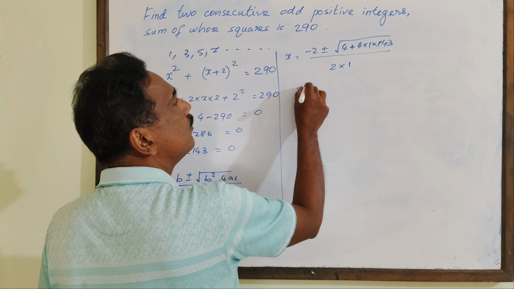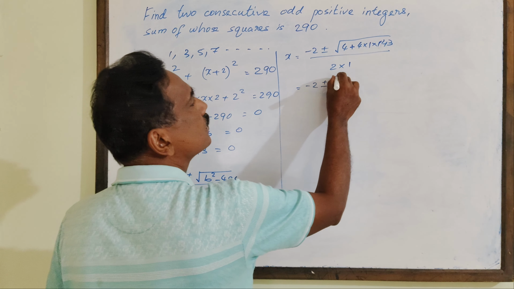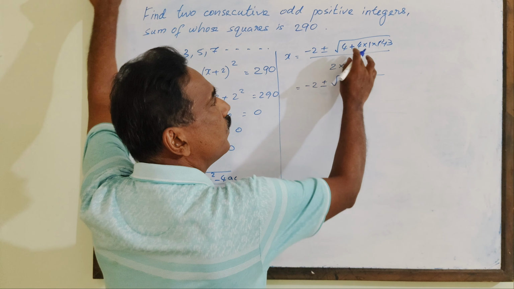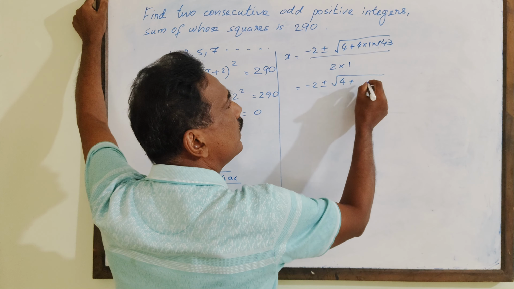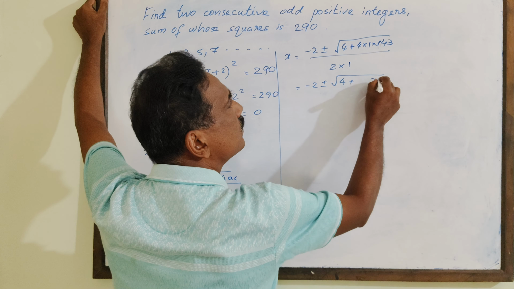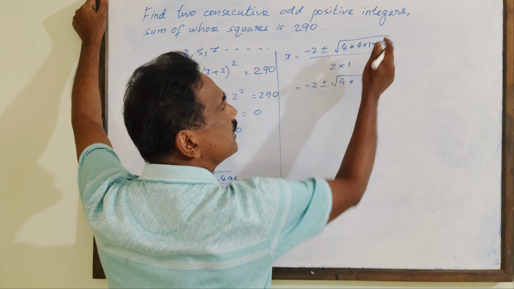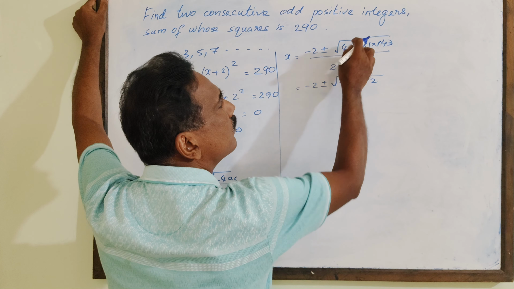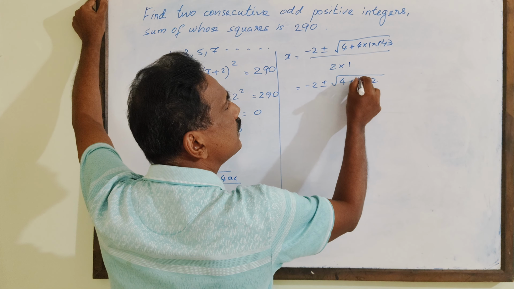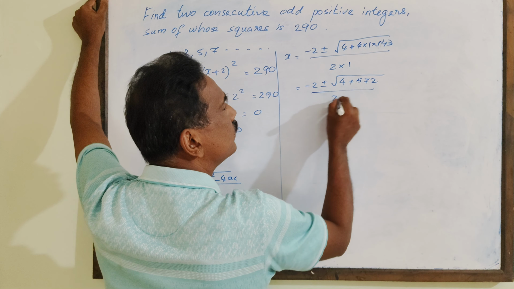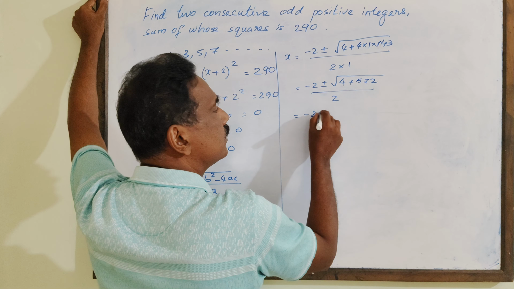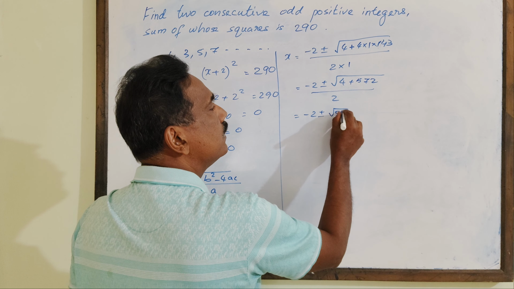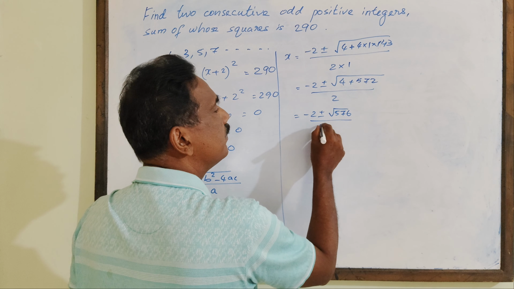It is equal to minus 2 plus or minus square root of 4 plus. Now you multiply 4 into 143: 4 into 3, 12, 4 3s are 12; 4 4s are 16 plus 1, 17; 4 1s are 4 plus 1, that is 5. Whole divided by 2. It is equal to minus 2 plus or minus square root of 576, whole divided by 2.